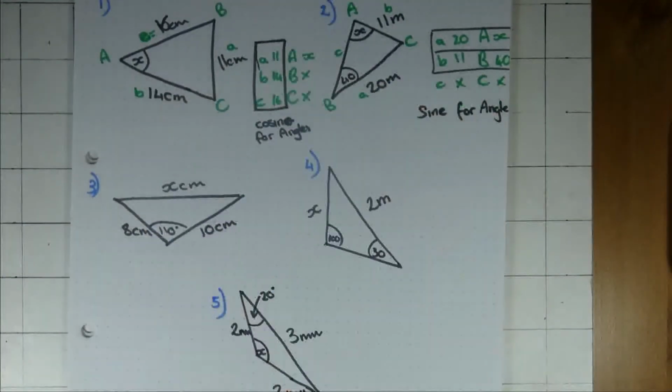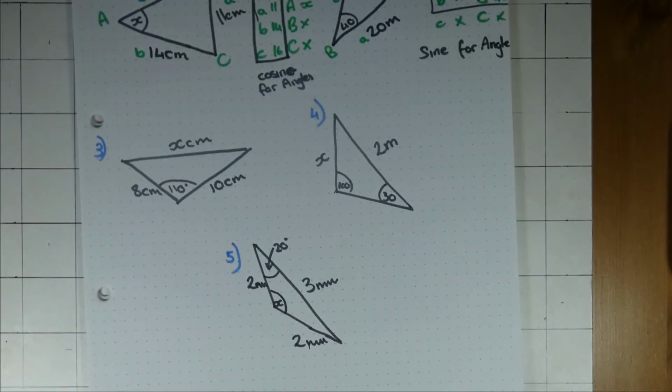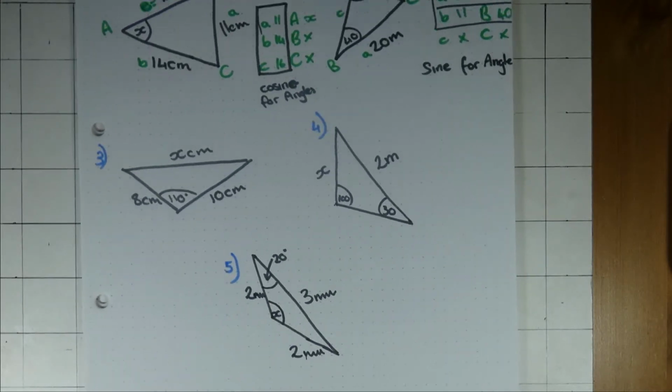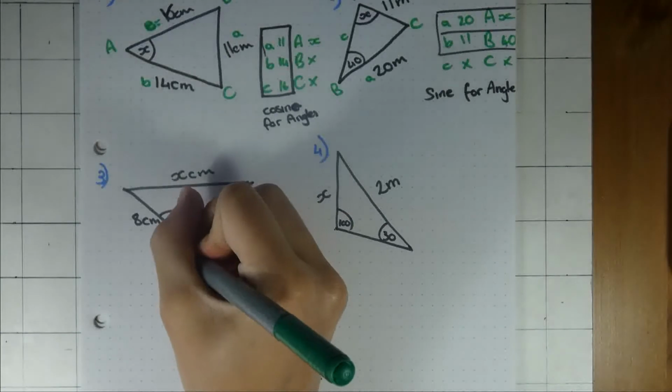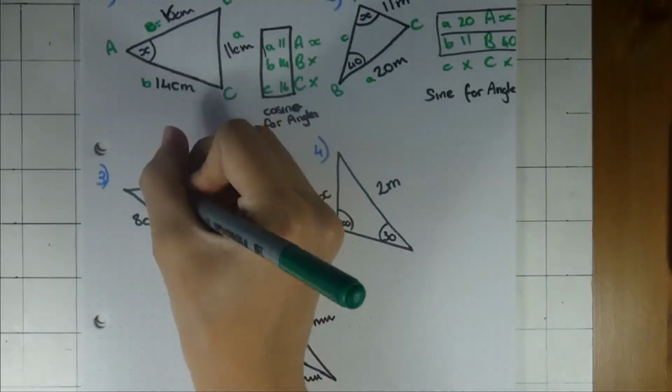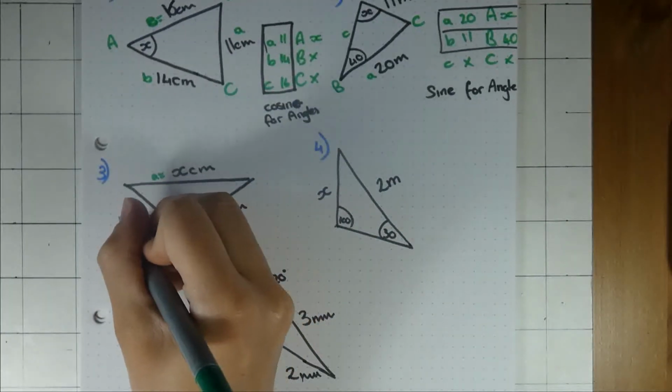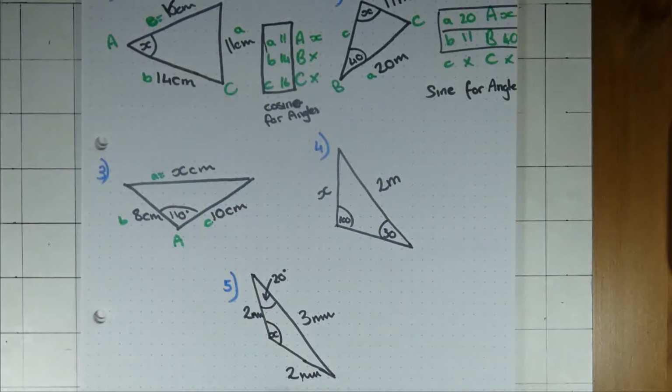That's question 1 done. Question 2, we're going through this really quickly. Question 3, again, are we looking for a side? No, so it doesn't matter. And what we'll do, we still need to have that A in there, and we've only got one angle, so that's going to be angle A. Opposite will be little a, B, C. It doesn't matter which way round.